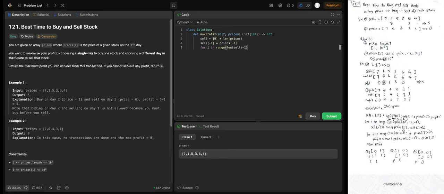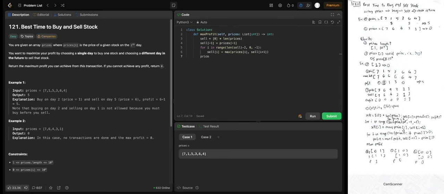Set the last element, and just put 0 here. Then sell at i equals max of current prices, and the future sell date, the maximum of the future sell date and the maximum prices of the future.